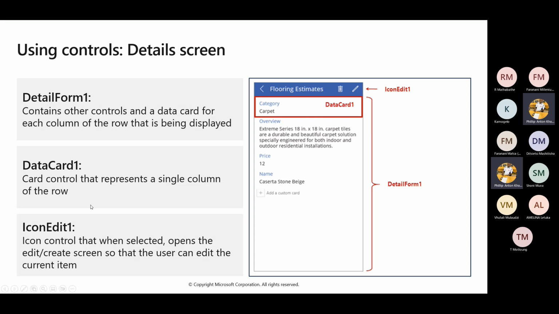And we also have an edit icon. Once you click that edit icon, depending on how you structure your application, either it will navigate you to editing the form in a new screen, or it can change this form from a view mode into an edit mode where you can edit that information.